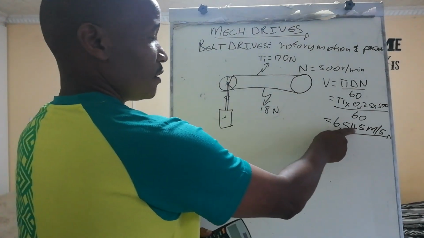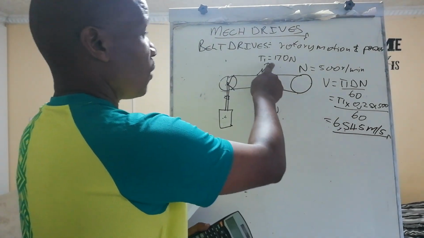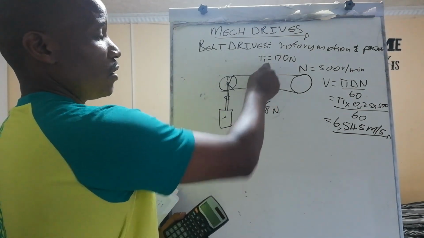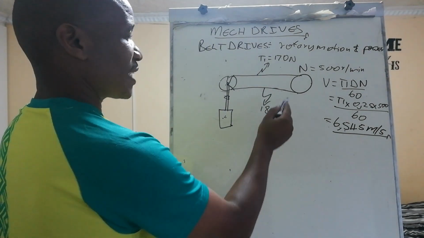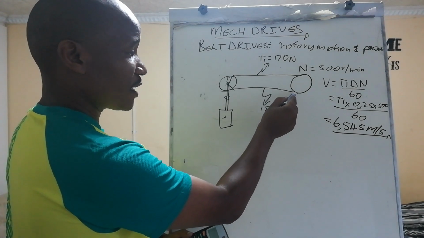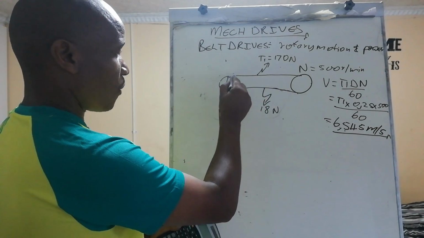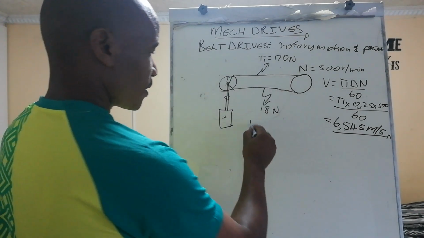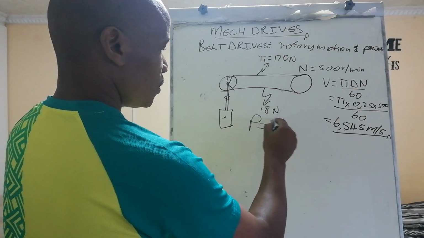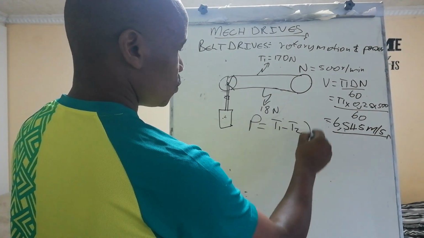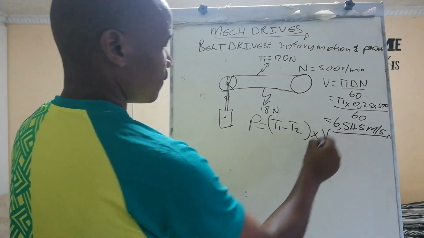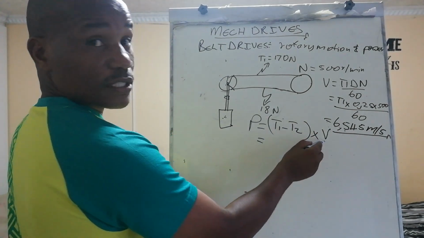Now we've got the velocity. We've got the tensions on both sides. We can calculate the transferred power, the power transferred by this belt. Power is equal to T1 minus T2 multiplied by V, which is the velocity.